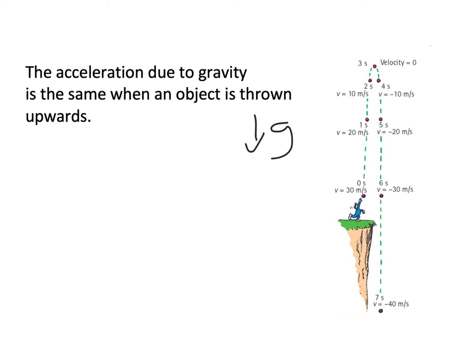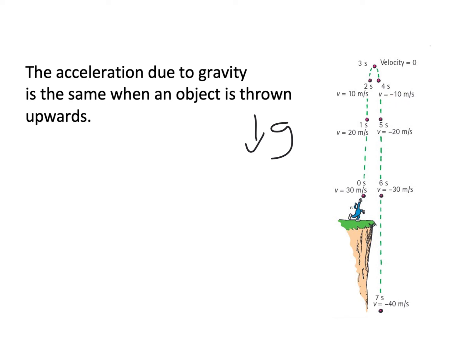And in fact, we know how much the velocity changes every second. It's a 10 meter per second change every second. So here we start out, we threw it, it's at 30. After 1 second, it's going 20 meters per second, 10 meters per second, 0 meters per second. That means at 3 seconds, it stopped at the top momentarily. At 4 seconds, it's going negative 10 meters per second.